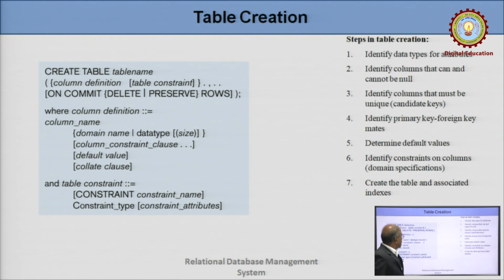Now, we have the creation of a table. This is one syntax of creating a table: create table, table name, column definitions, column constraints, and we can specify on commit delete or preserve rows. Commit means performing the transaction into the table.